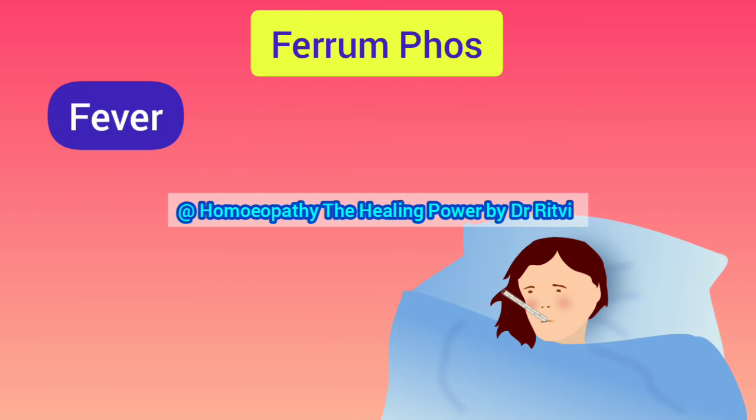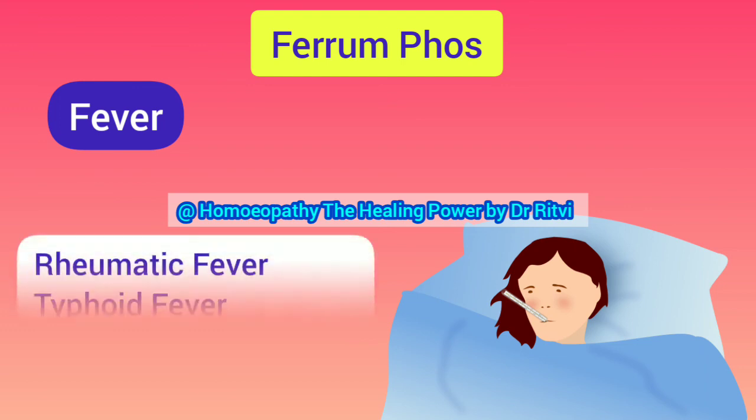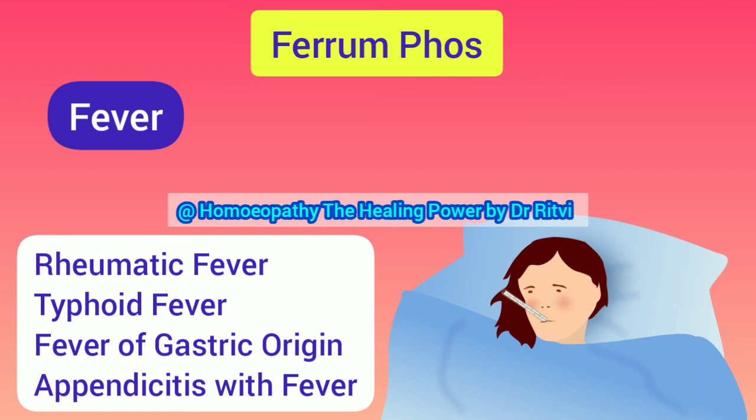Ferrum Phos in fever. Friends, Ferrum Phos is a very good medicine useful in the cases of inflammatory fever like rheumatic fever, typhoid fever, or fever of gastric origin, or whenever there is fever along with appendicitis.